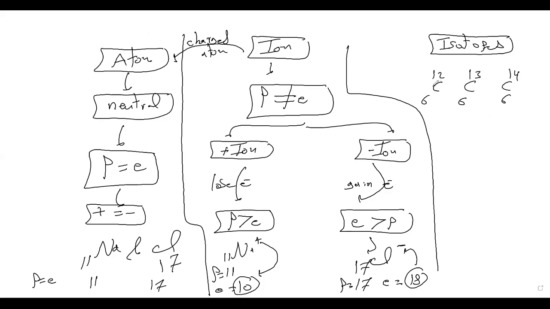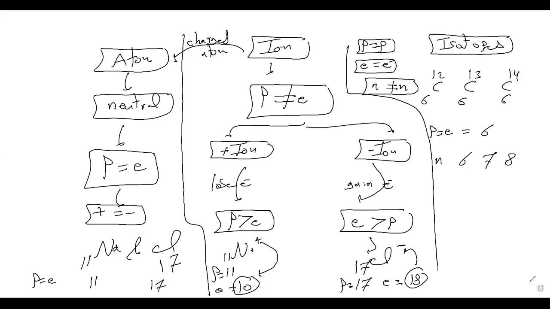All of them have protons equal electrons equal 6, but neutrons are the difference: 12 minus 6, 13 minus 6, 14 minus 6. So protons equal protons, electrons equal electrons, but neutrons are not equal to neutrons.